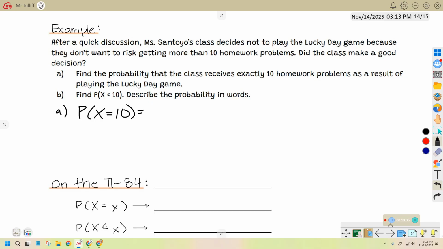Yes, Drew. 6 out of 7 to the power of 10 minus 1 times 1/7. Can I get a thumbs up if we agree? Yeah, very good. 10 trials means 9 failures. 6 out of 7 to the 9th times that 1 success on the 10th. Perfect. We're going to slap that in our calculator and get an answer.